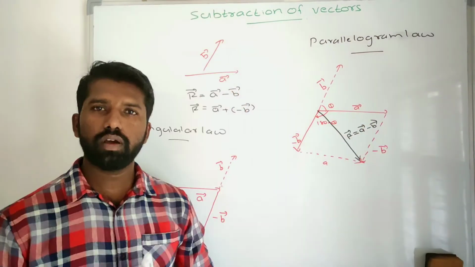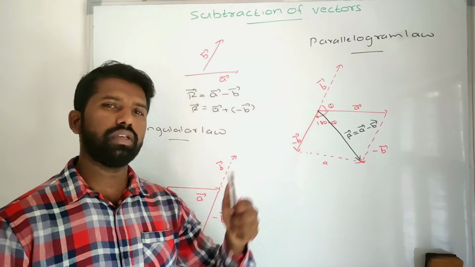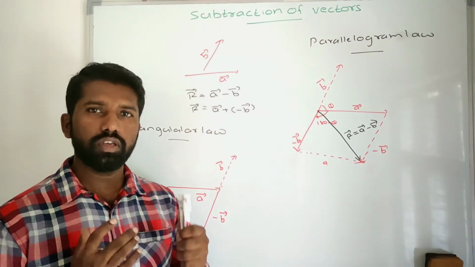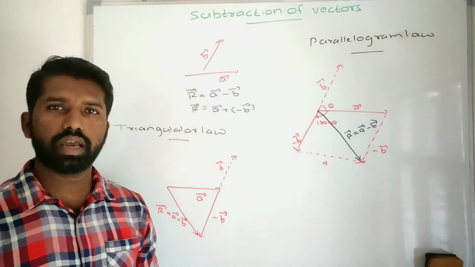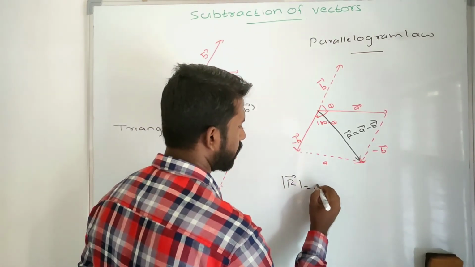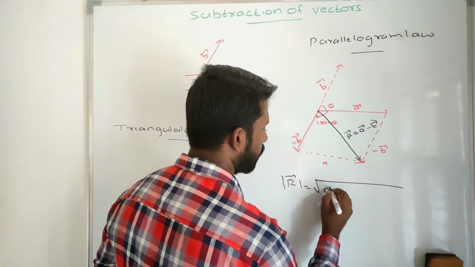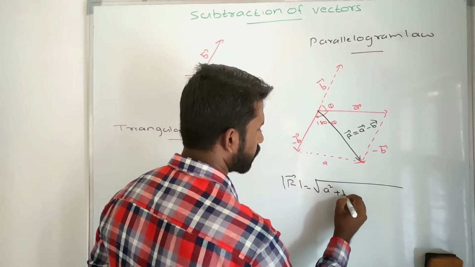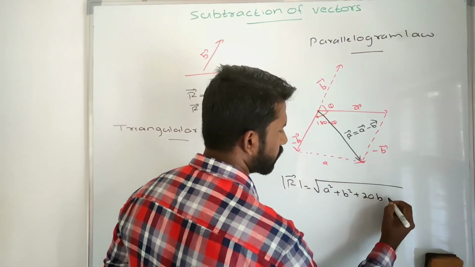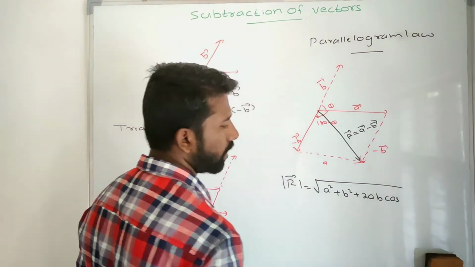Okay, now we will see the magnitude of the resultant. We already know if two vectors are added, the resultant magnitude is equal to the square root of the first vector squared plus the second vector squared plus 2 into first vector into second vector into cosine of the angle between them.